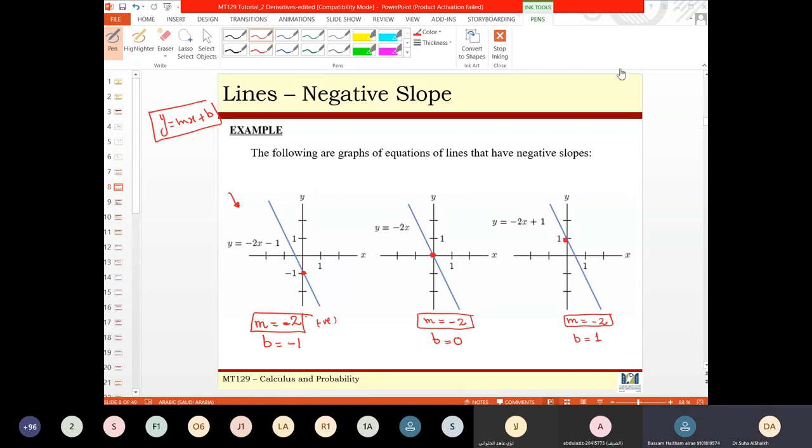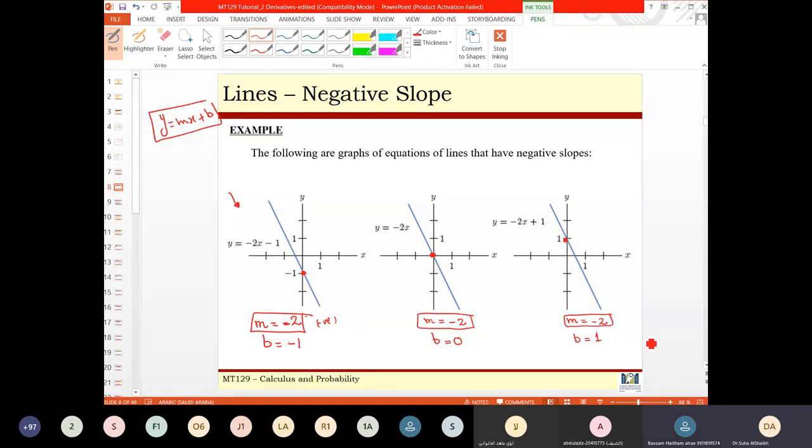Doctor, a question: the slope is just a number, so how do I know the shape of the line, its degree of inclination? The inclination won't be accurate unless I have 2 points. Right, I need 2 points to be accurate about my line. What we are doing now is just giving examples to show you that there is a slope and a y-intercept. But if I want to draw the line exactly, with the same exact slope, I need 2 points.